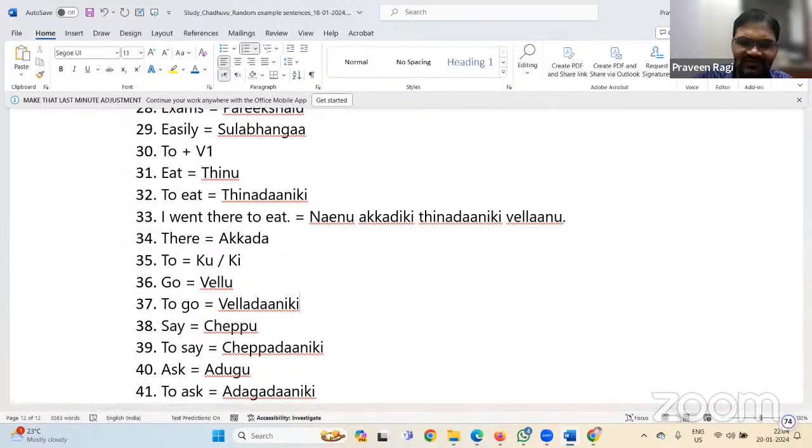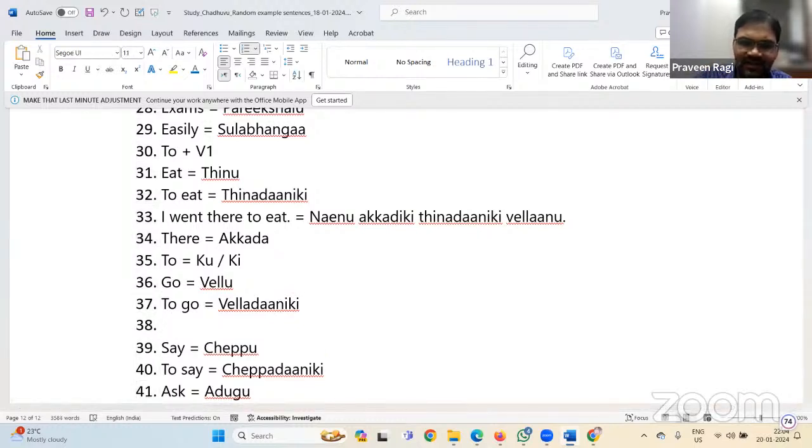Let's make one sentence with this simple structure. You can also help me to form a very simple sentence using this, to go, వెళ్ళడానికి.